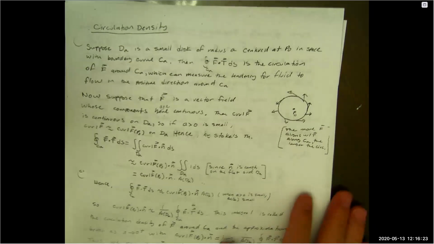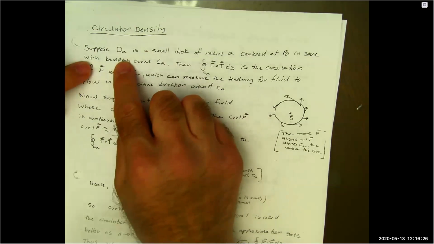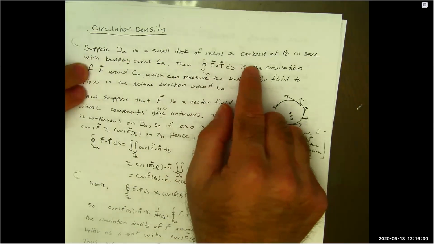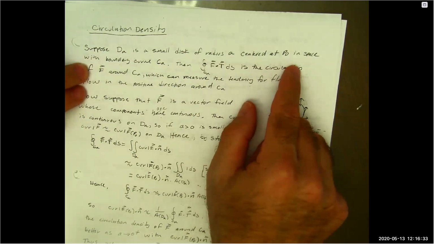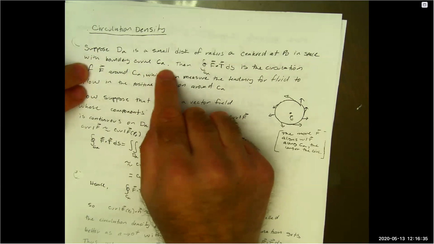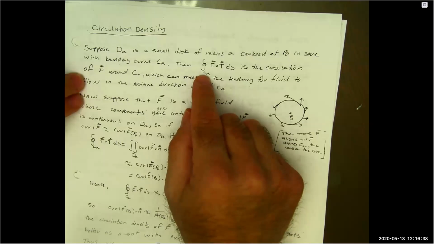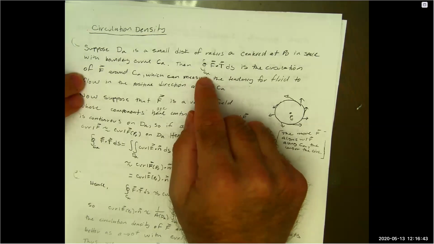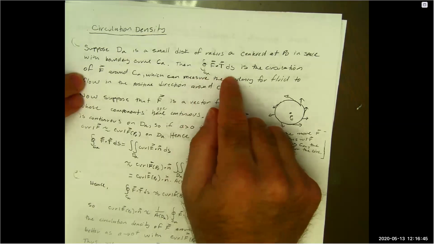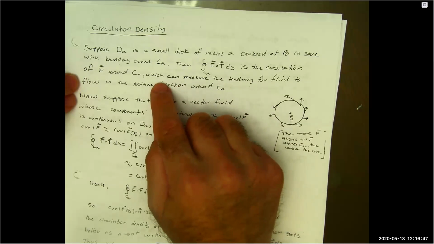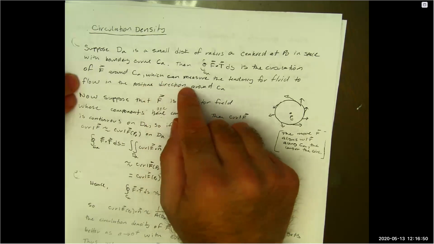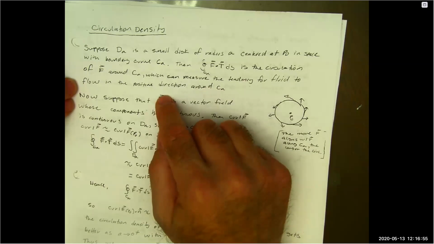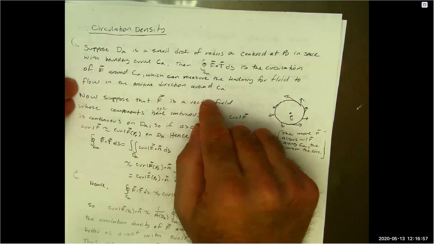So suppose D_a is a small disk of radius a centered at P_0 in space with boundary curve C_a. Then the line integral of f dot T ds over C_a is what's known as the circulation of F around C_a, which can measure the tendency for a fluid to flow in the positive direction around C_a.